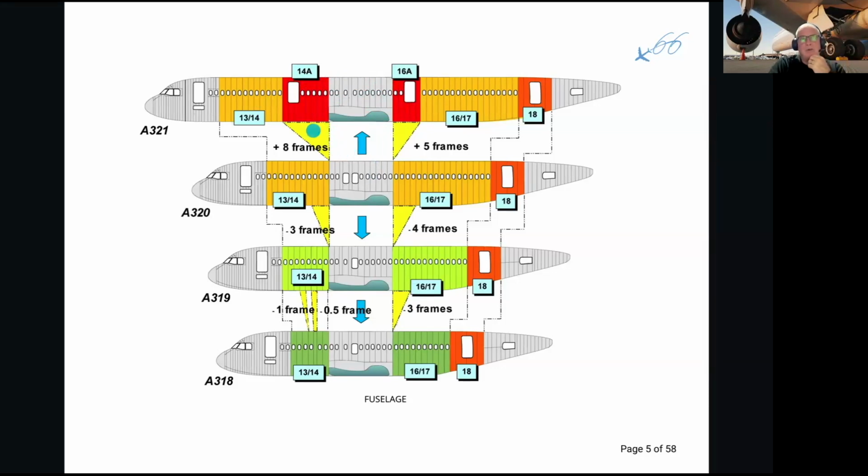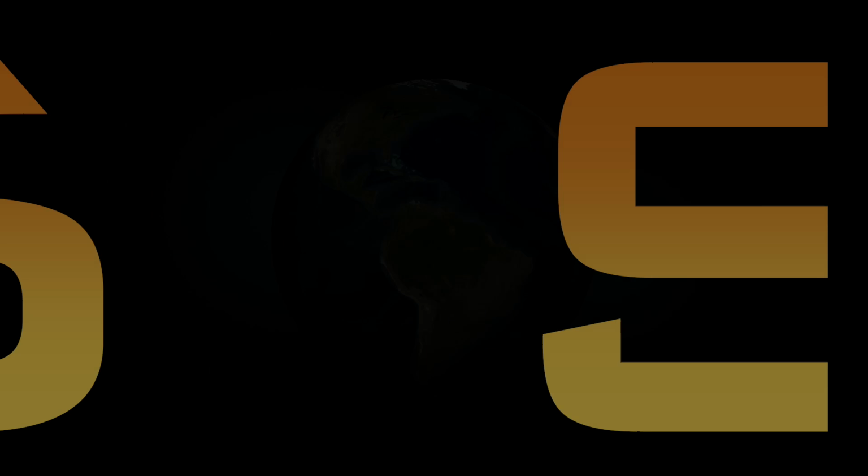They had to comply with this 90-second rule. So there's this rule where if you're going to build an aircraft, you have to ensure that the aircraft can be evacuated safely within 90 seconds. The longer the aircraft, the more the people. The more the people, the more exits you need to be able to comply with this 90-second rule.